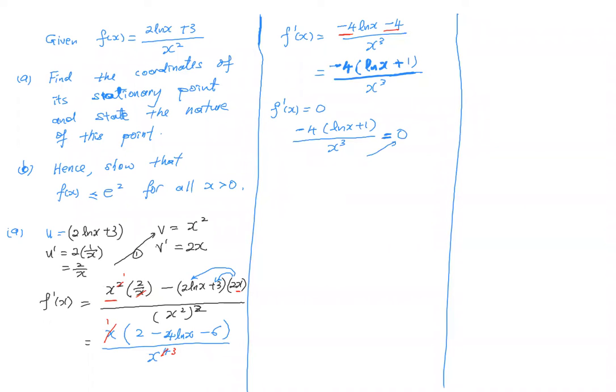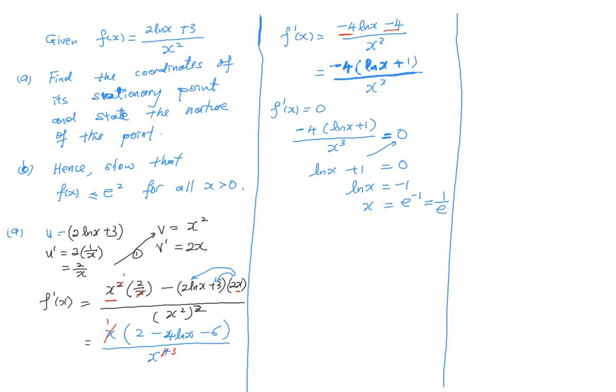Negative 4 cannot be 0. So ln x plus 1 equal to 0, so ln x equal to negative 1. So x is equal to e to the power of negative 1, which is 1 over e. Okay, so that is the x coordinate.